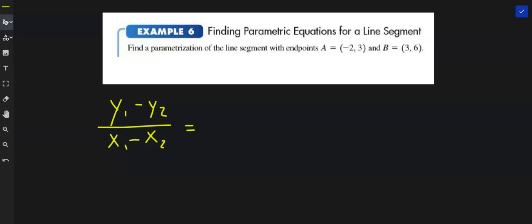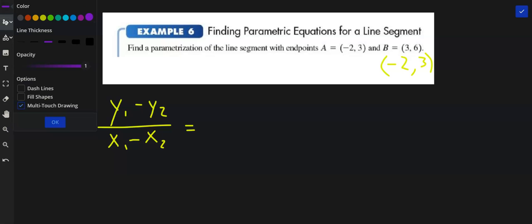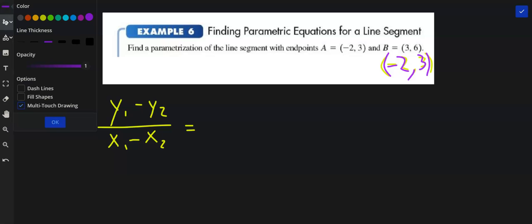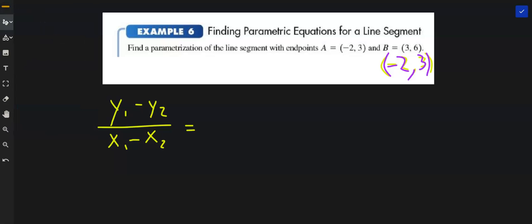Now, I have always been a big fan of writing my coordinates in a vertical fashion because kids screw it up if you don't. Sorry, that's a little hard for you guys to see. So 6 minus 3, 3 minus negative 2.